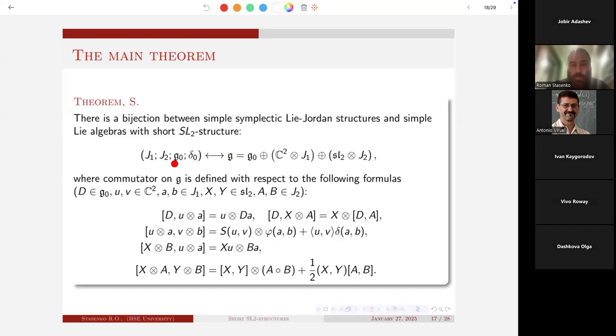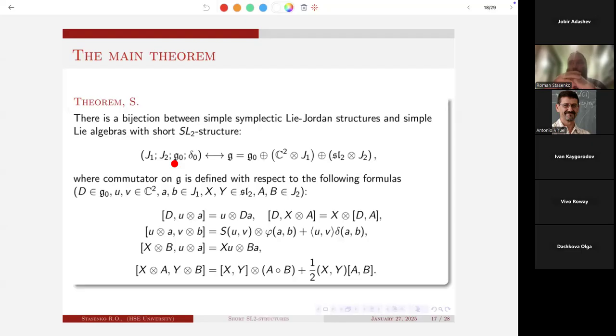So now let's talk about the next step. If we have a bijection theorem, we must speak about the classification of all such objects.